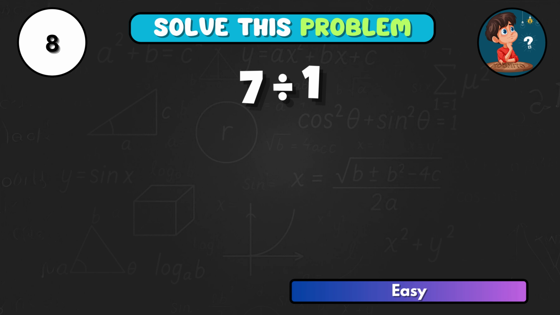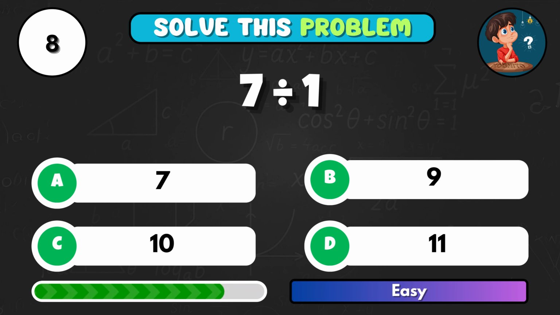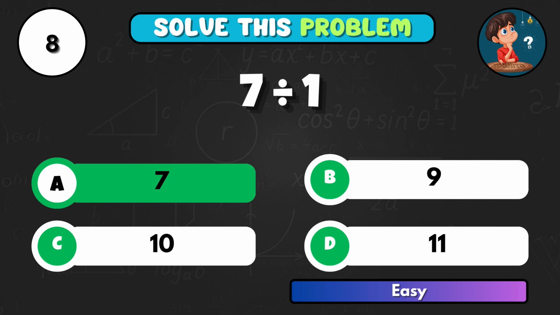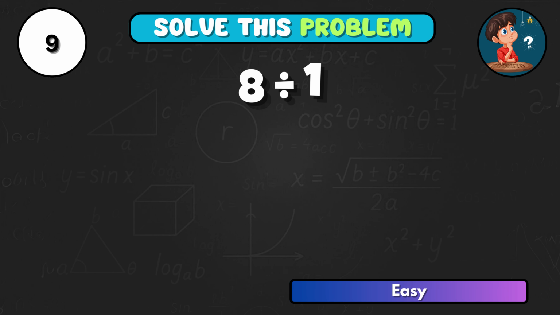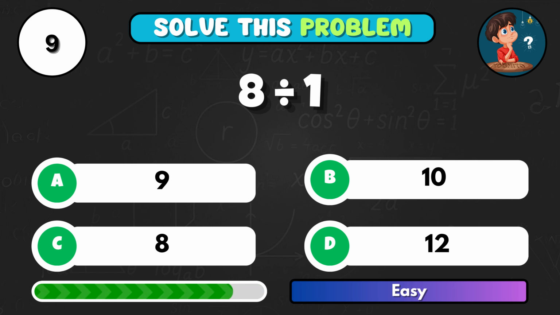How about 7 divided by 1? What does that equal? That equals A, 7. 8 divided by 1, can you solve it? The right choice is C, 8.